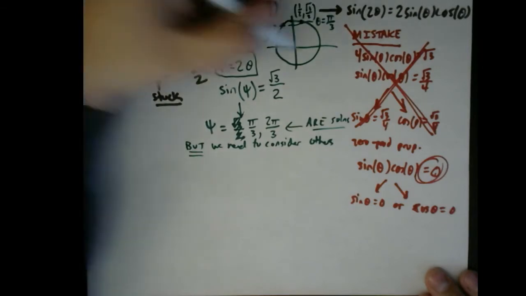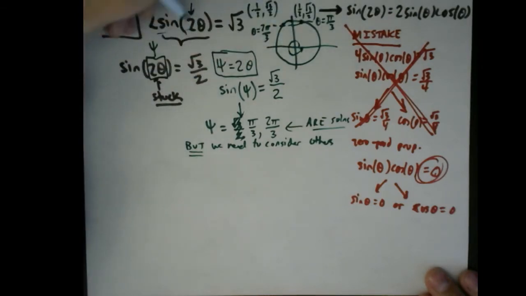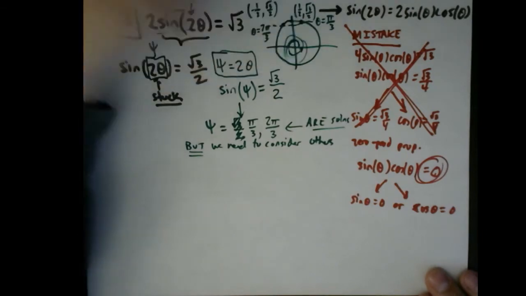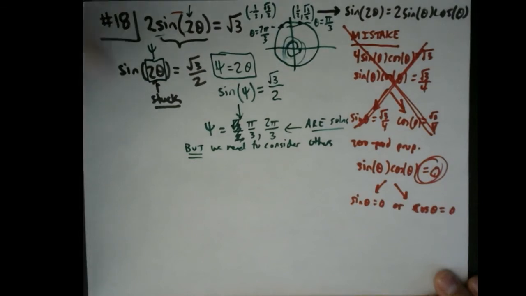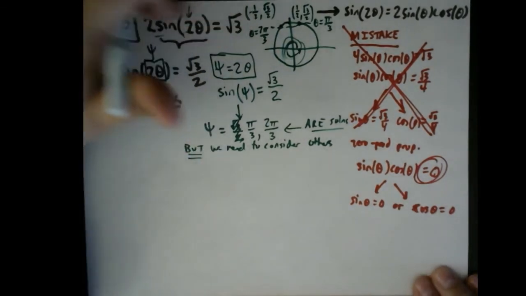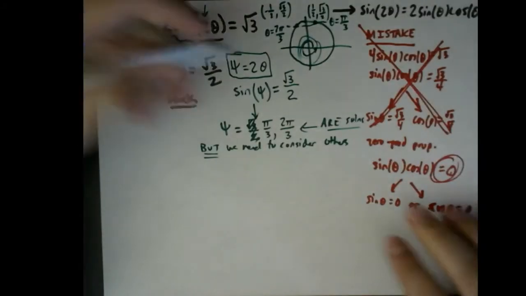So when theta is going from 0 to 2 pi, this quantity 2 theta is making 2 rotations in that amount of time. And that's something we have to account for if we want to find all solutions in one full rotation of theta. So in one full rotation of theta, 2 theta goes around twice. So we have to consider others.